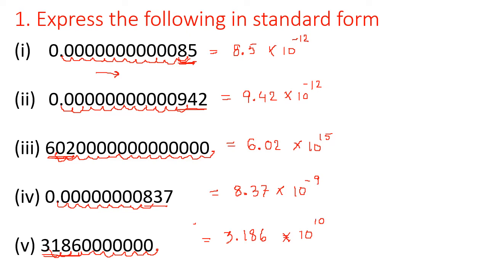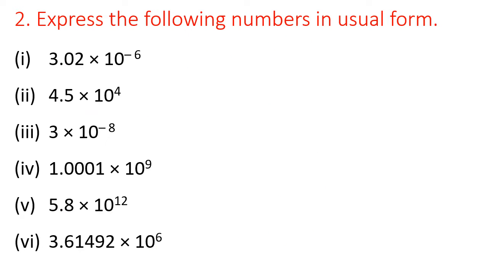Okay, I hope this step is clear to you. Moving on to the next sum, we have to write this in the usual form. Now this is something new, so let us see how we have to do it. 10 raised to minus 6 means the decimal point should now go towards the left side. Because when we move the decimal point towards the right, the power becomes negative.